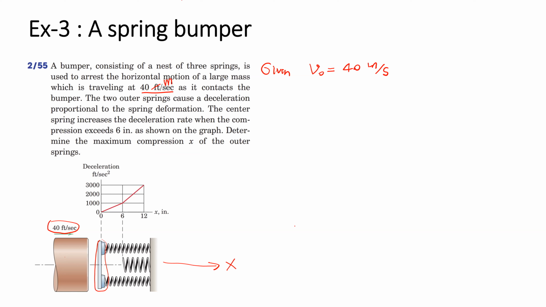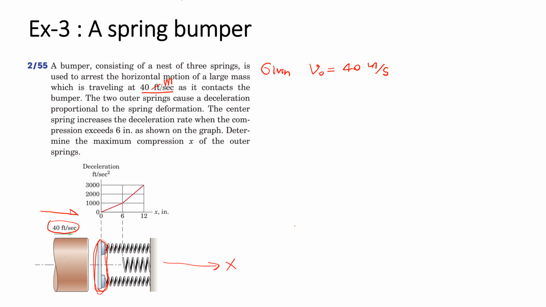And it hits the bumper. And after it hits the bumper, the object is going to the right-hand side in the positive x direction.